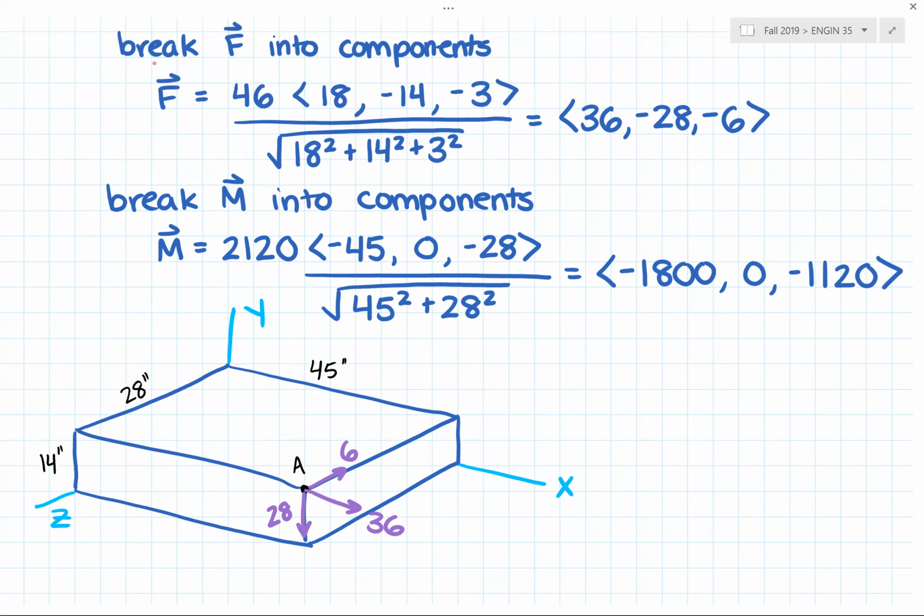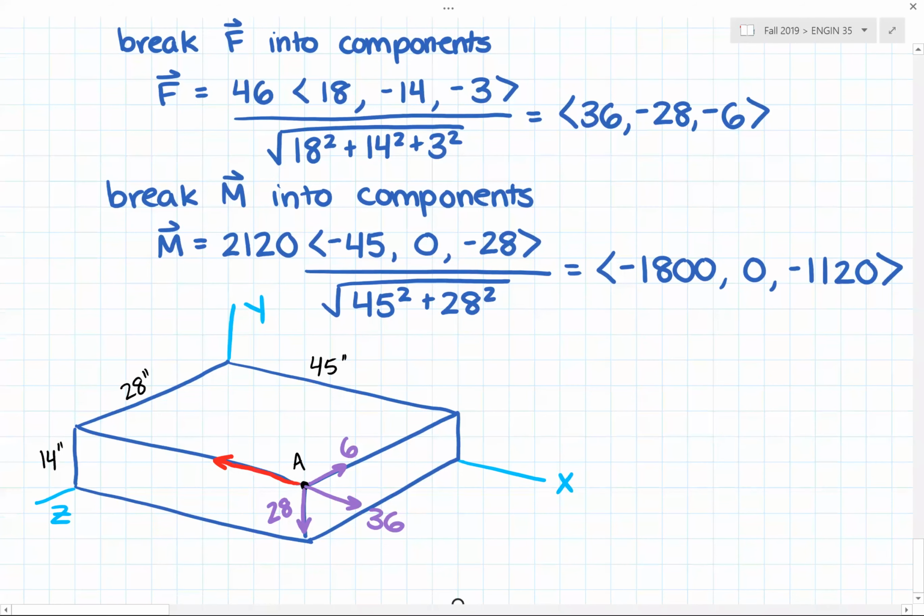In the x direction, my moment is pointing in the negative x direction, so that's this way. We typically draw our moment vectors with a little curve around them to show that it's a moment. And that magnitude there is 1800. And we have a component in the negative z direction of 1120.